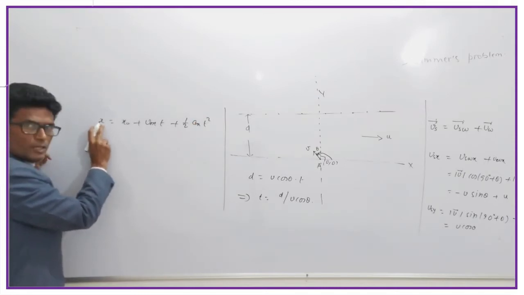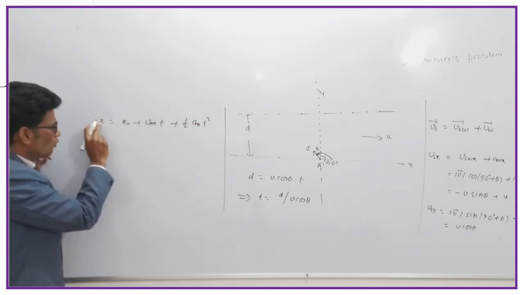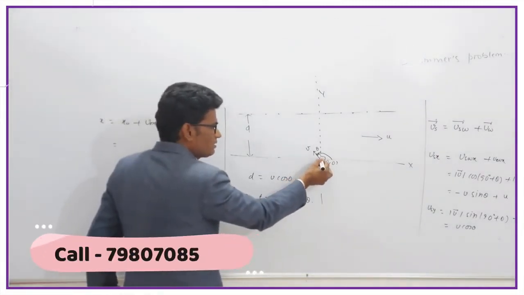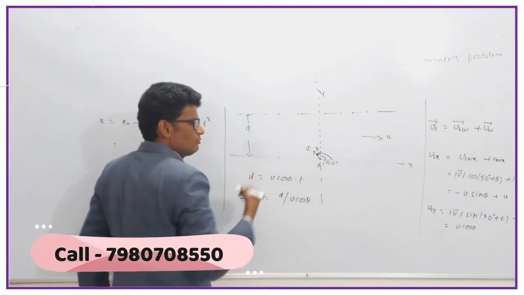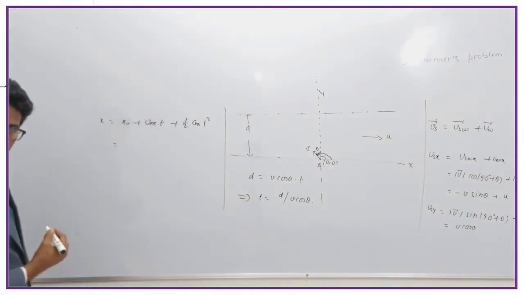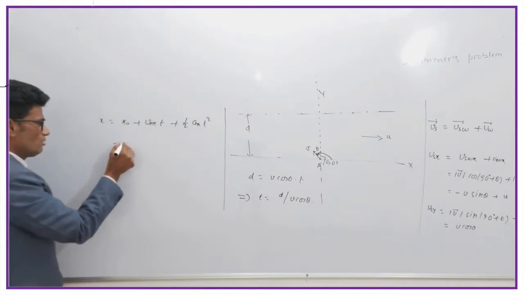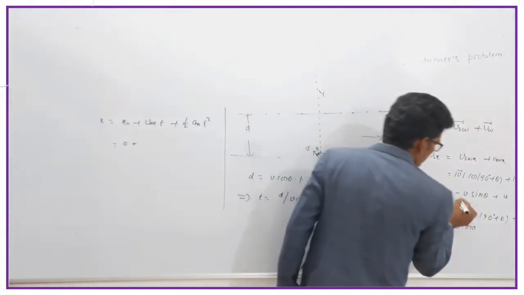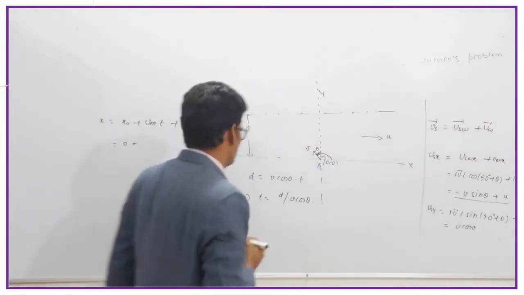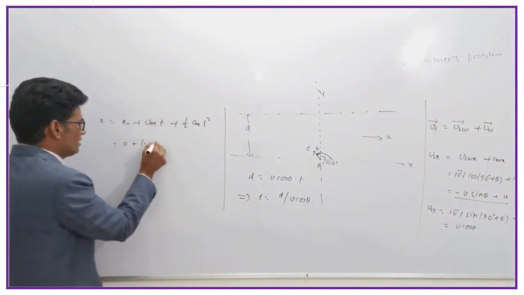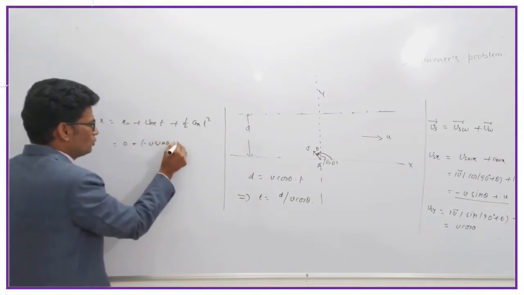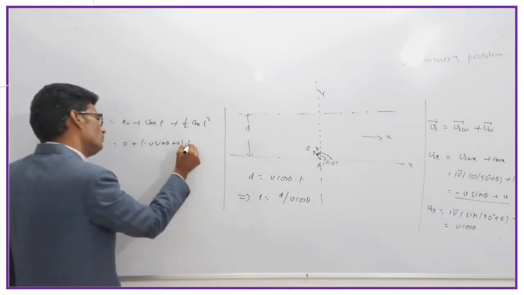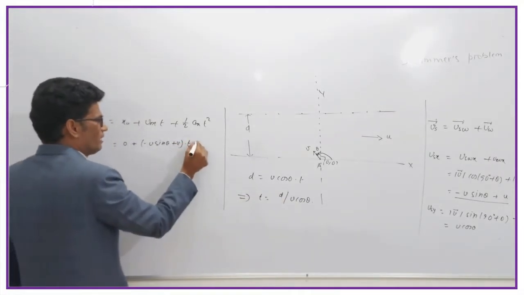This quantity is a component, just we are going to find it out, so do not think over it. x naught: the swimmer starts from the origin, that is 0, 0. So x naught is 0. v naught x is taken as minus v sin theta plus u, into t.